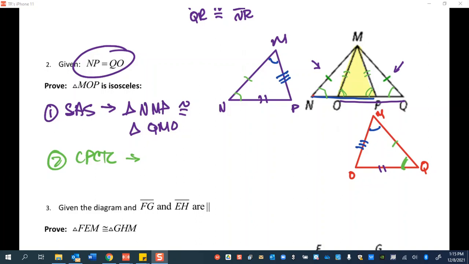Notice I have them both. So whether you choose to talk about the congruent base angles or the congruent sides through CPCTC, you're going to get sides and angles to prove that triangle MOP is isosceles.